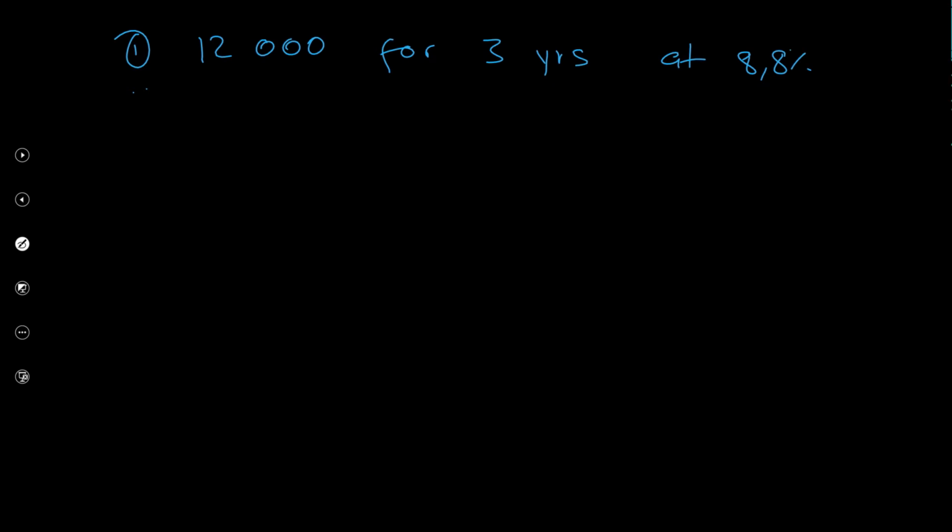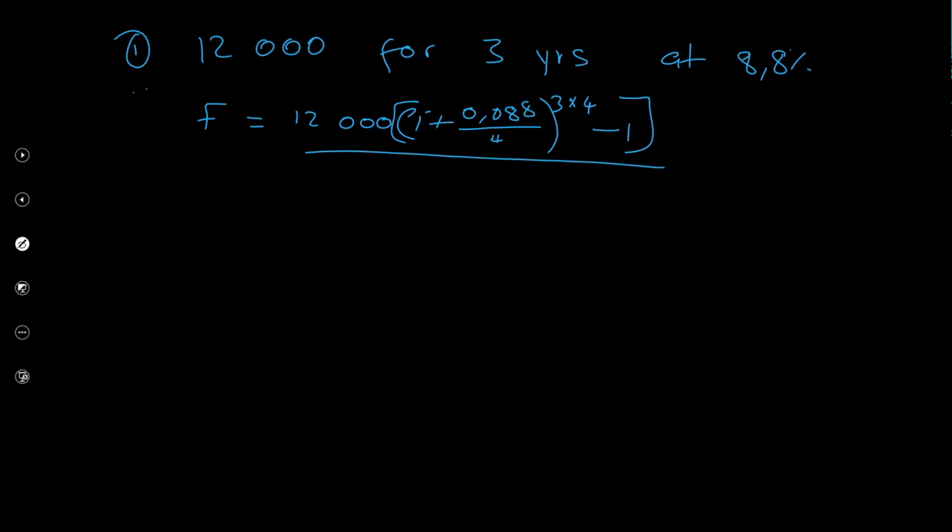So I will say F is equal to 12,000 into 1 plus 0.088 over 4, to the exponent of 3 multiplied by 4, minus 1, divided by 0.088 over 4.